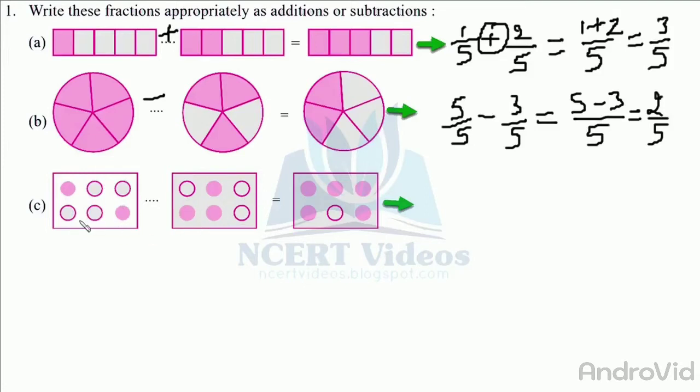So here what we have is 4 shaded portions in the first part and in the second 3. So obviously 4 minus 3 gives you 1 shaded portion in the last.